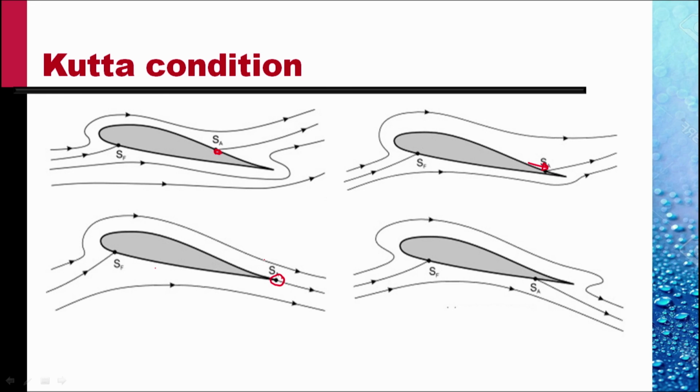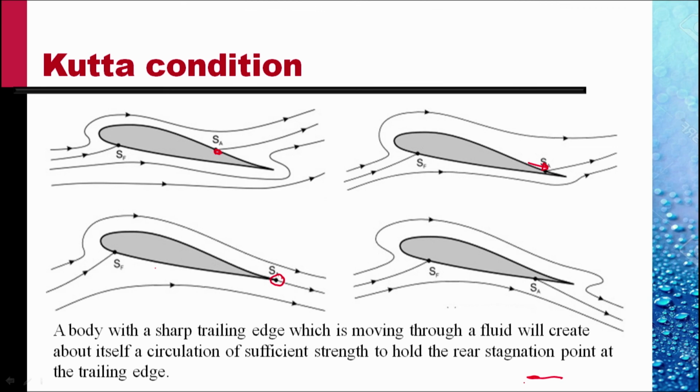If I add more circulation, this stagnation point would move down the bottom surface. A body with a sharp trailing edge which is moving through a fluid will create about itself a circulation of sufficient strength to hold the rear stagnation point at the trailing edge. This is the Kutta condition.